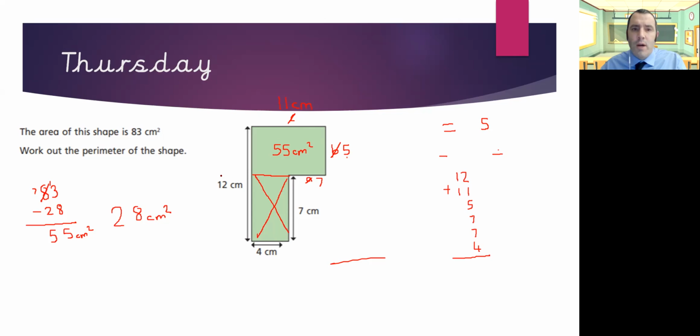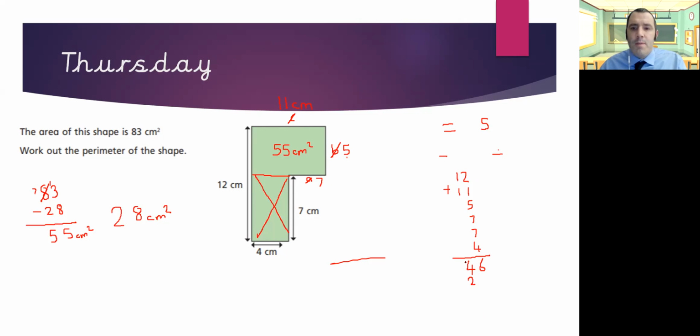I've started at 12 and then gone to 11, 5, 7, 7, and 4. So all I need to do now is add these together. So it's 2 and 1 is 3, add 5 makes 8, add 7 makes 15, add 7 is 22, is 26. Exchange the 20, have the 6, have 1 and 1 and 2 for 46 is our perimeter.